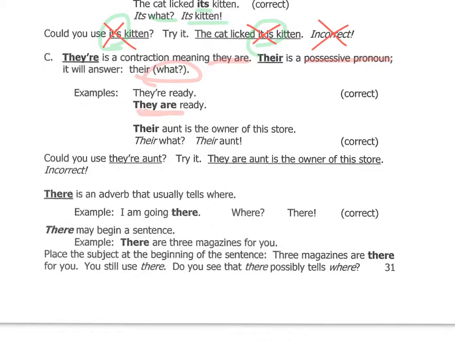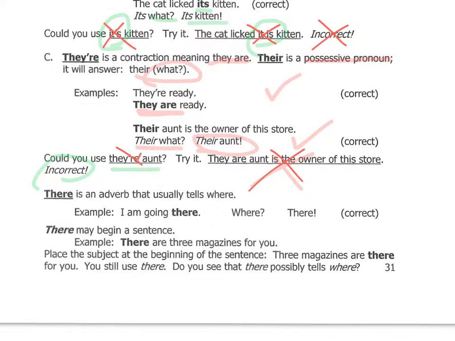They are ready. Their aunt is the owner of the store. Their what? Their aunt. So let's try this one. Could you use they're aunt? They are aunt is the owner of the store. That's incorrect. Let's cross that out.